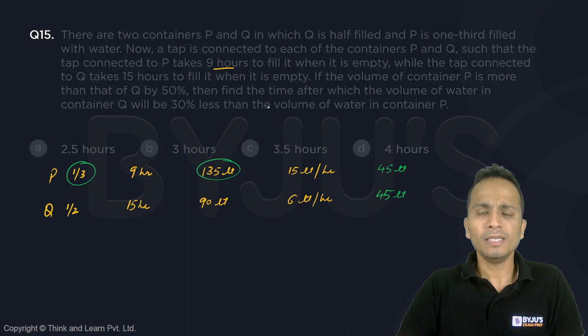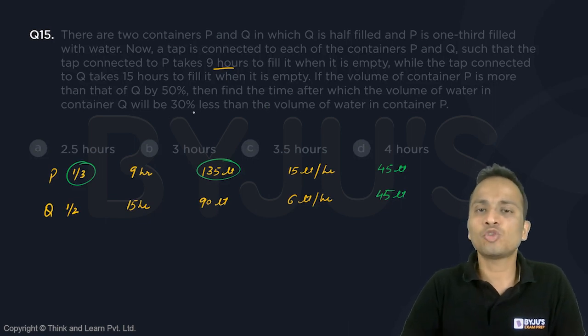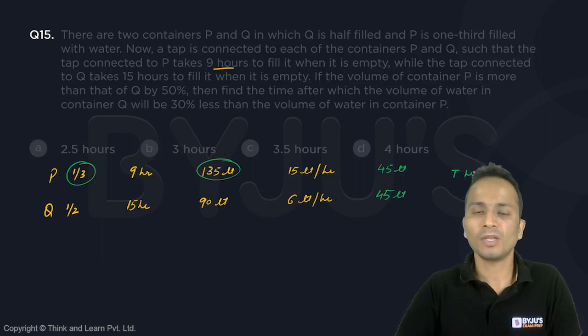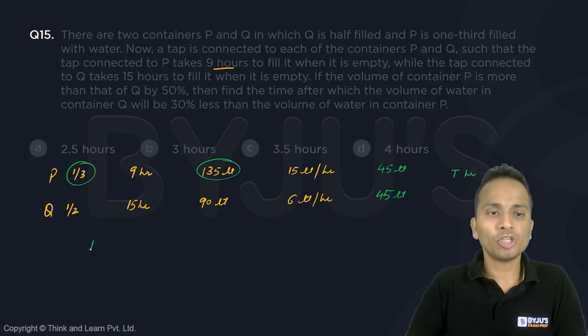Now, let's assume that the given situation arises after T hours. So the quantity in P after T hours will be 45, the present quantity, plus 15 times T. And for Q, it will become 45 plus 6 times T, right?